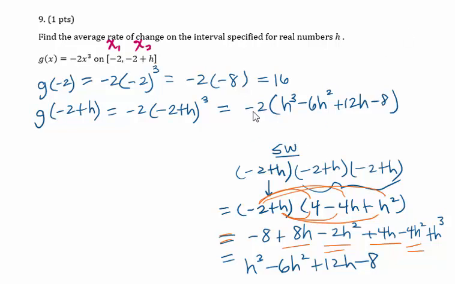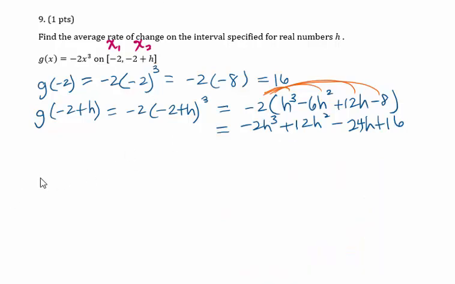And now we're going to distribute negative 2 to each of these terms, and we get negative 2h cubed plus 12h squared minus 24h, and then plus 16.